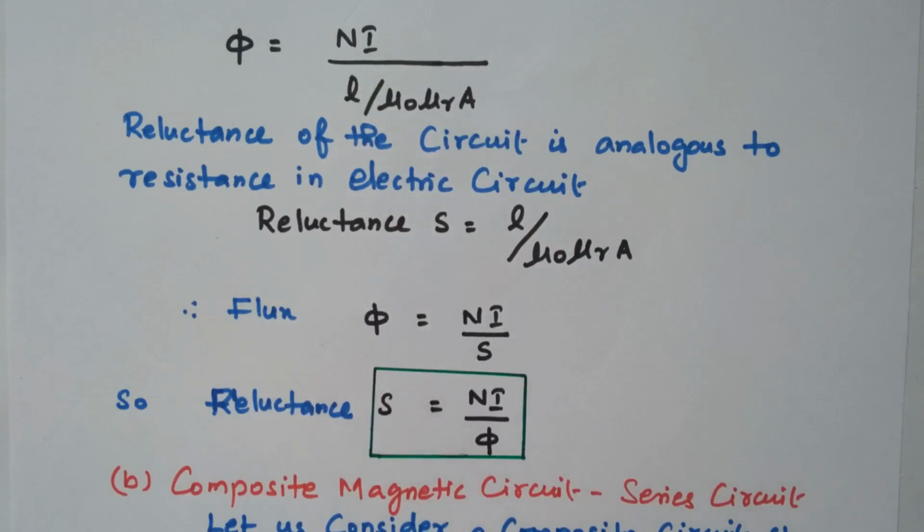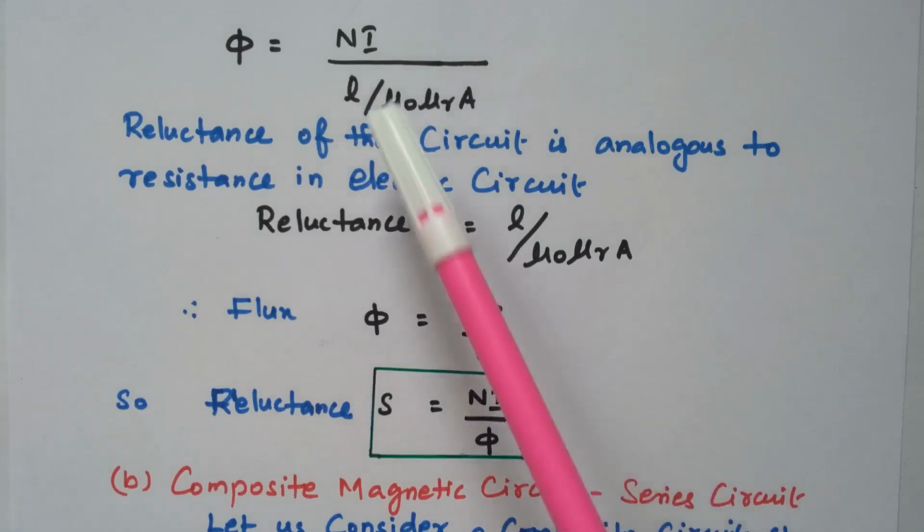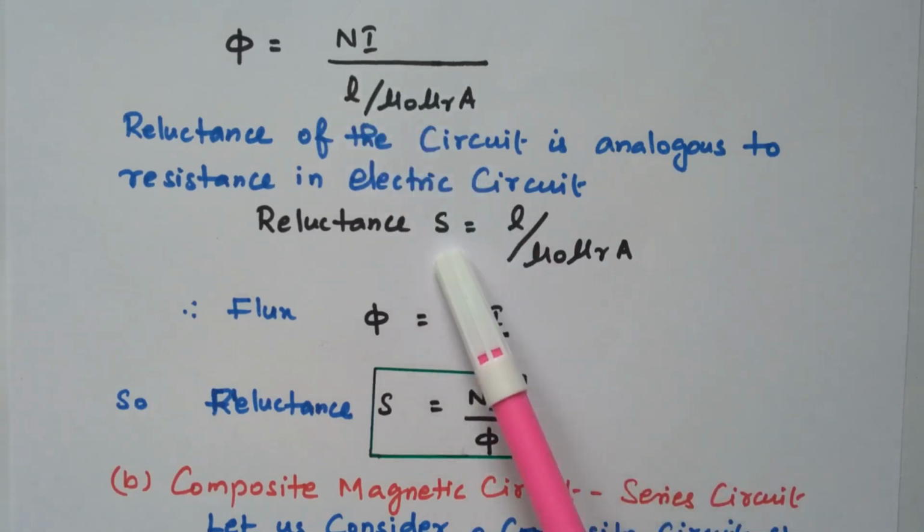We have resistivity rho: R equals rho L by A. Like that, we have L by A here, and rho is now replaced by mu naught mu r. So L divided by mu naught mu r A can be written as the reluctance, and this term can be replaced by S.